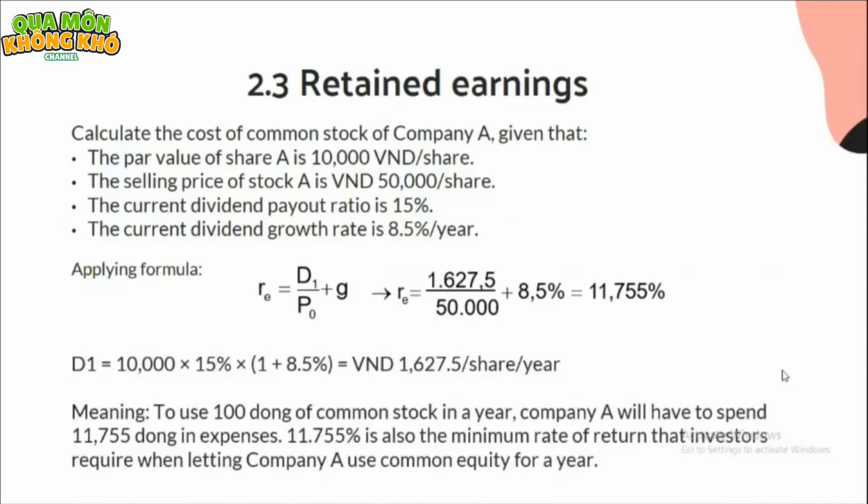And in this part, because we have the growth rate, D1 we must multiply by 1 plus 8.5%, and the meaning is also similar to the preference part, so I will skip it.